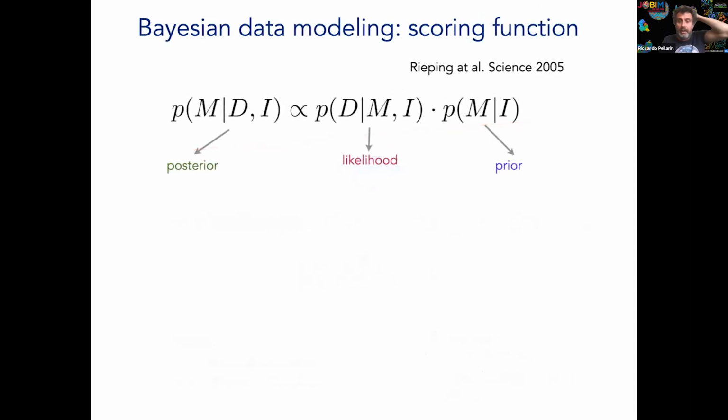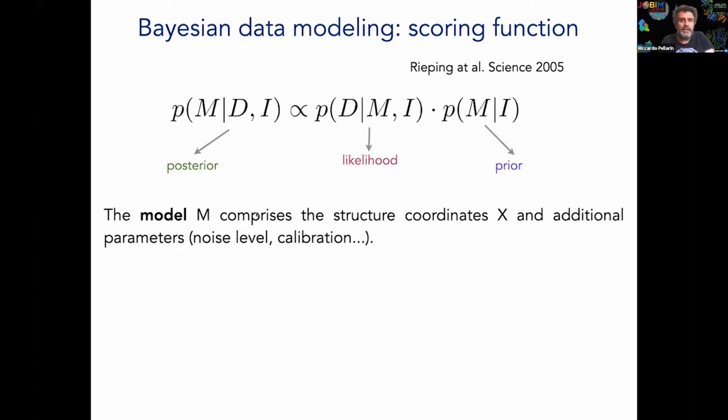So the best framework to represent a conditional probability and treat it mathematically is the Bayesian framework, where you treat your conditional probability of M given D and other information as a posterior probability. You can practically express it as a product of two terms, as you know, the likelihood and the prior.